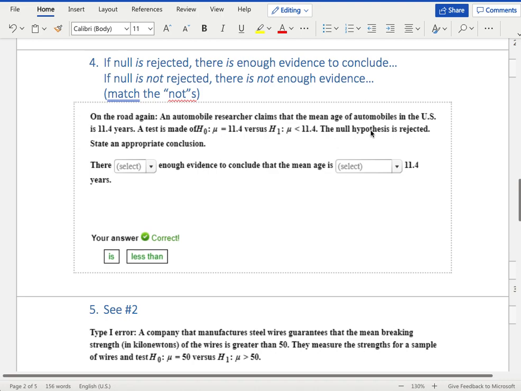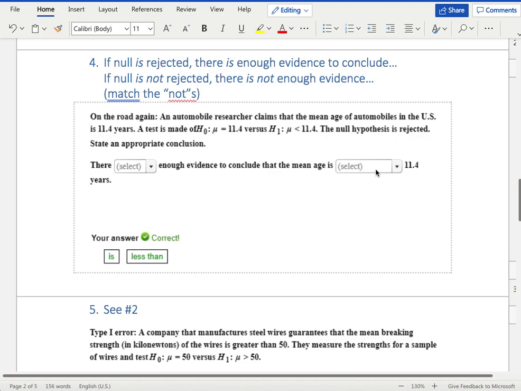But if the null hypothesis is rejected, then you're always going to say there is enough evidence. After this, they'll always be pretty much worded the same: if the null is rejected, then there is enough evidence to conclude.